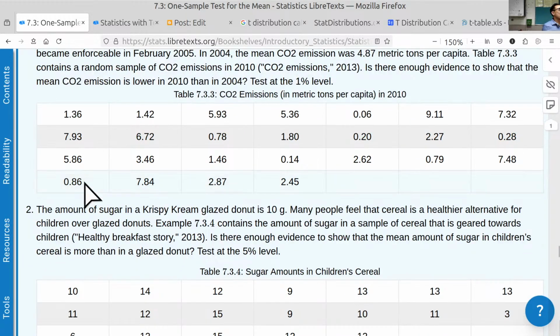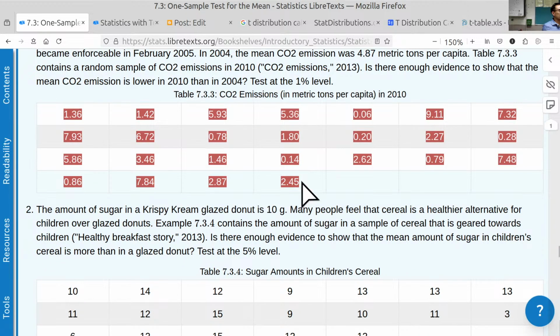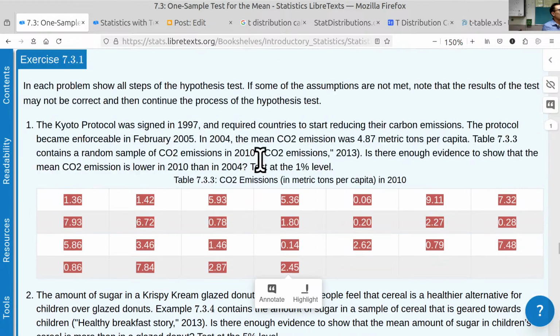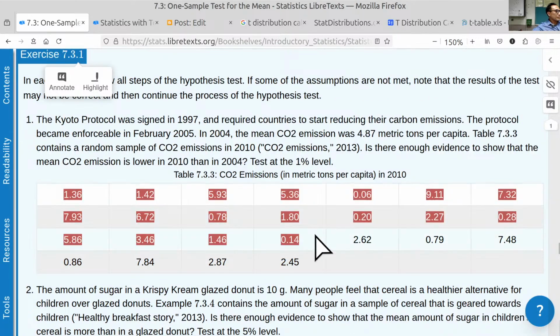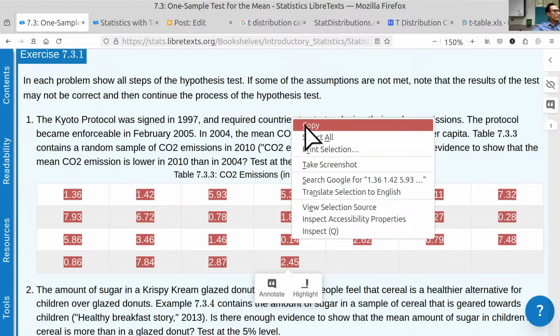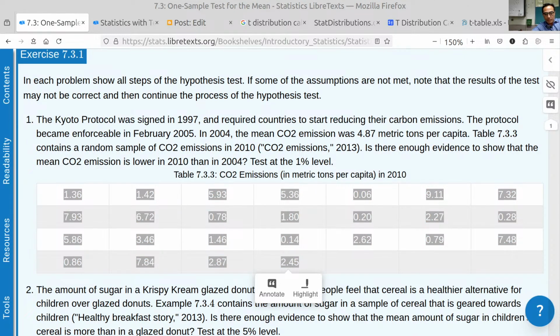And now please practice this one. Okay, 3 minutes.